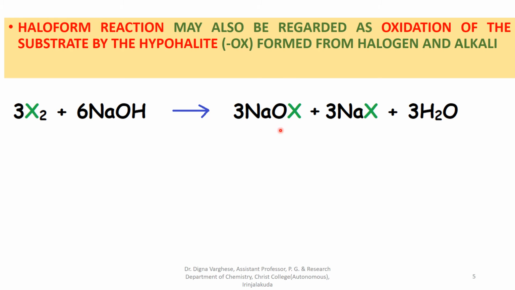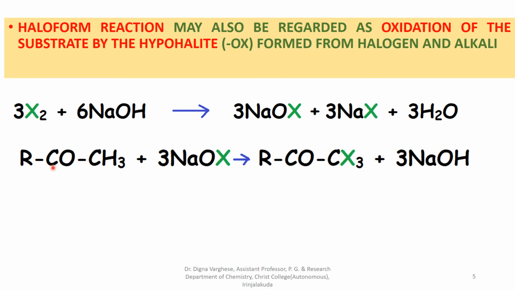This OX is attached to sodium, so it is a sodium hypohalite, and again forms sodium halide with water. So the haloform reaction from hypohalite: hypohalite is formed by the reaction of halogen with alkali, forming sodium hypohalite.